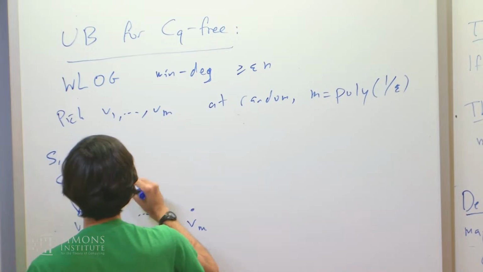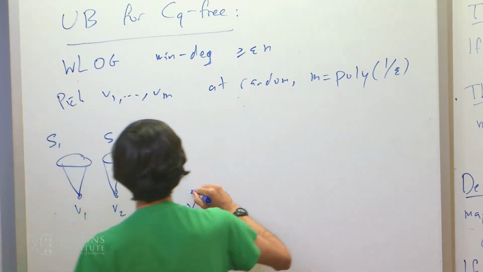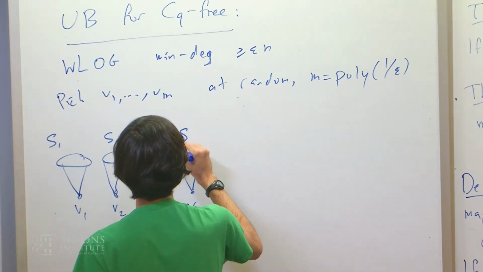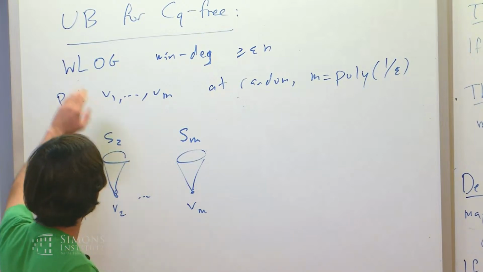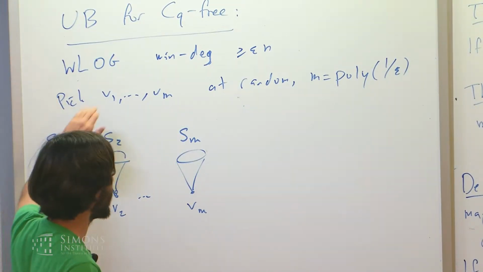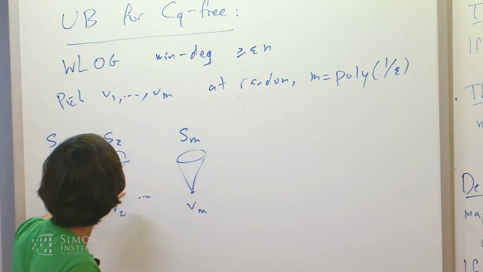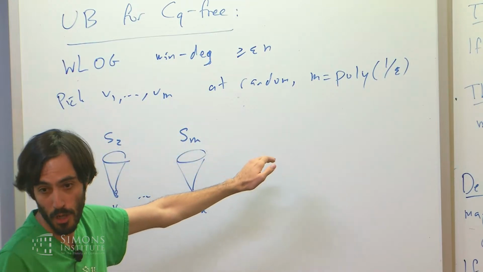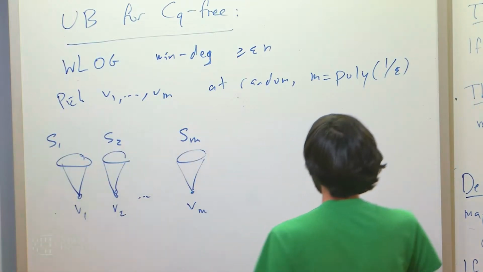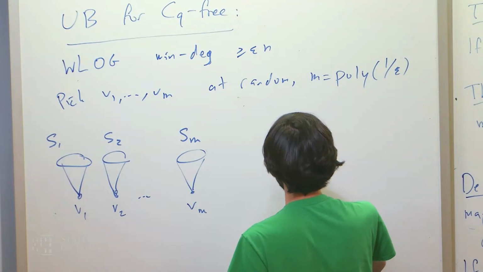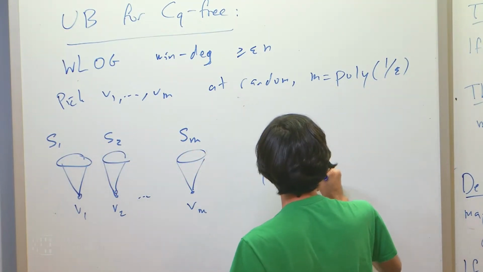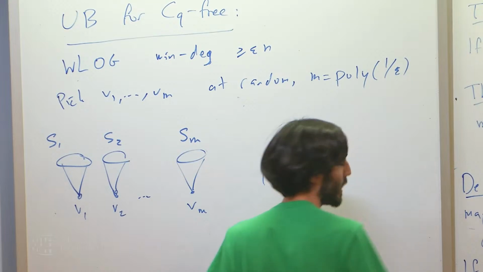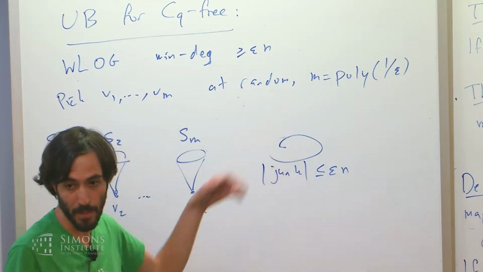I'm going to look at the neighborhood of v2, that's s2, and so on, up to sm. What you can easily check is that because I have some minimum degree, and I pick some poly 1 over epsilon vertices, these sets will cover almost all of the graph. If I pick m appropriately, what remains is some junk, which is not in this picture, and the size of this junk is also at most epsilon n.